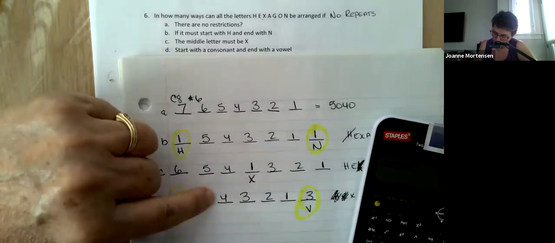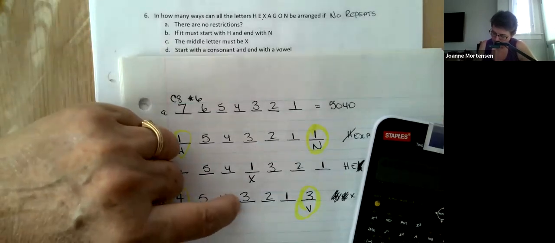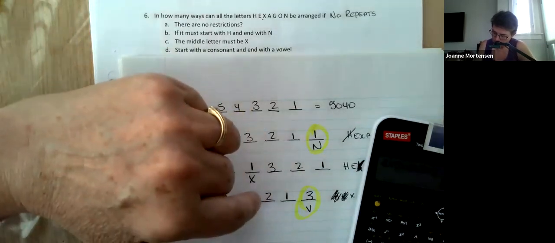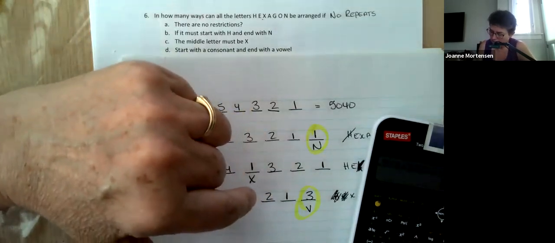So this is 4 times 5 times 4 times 3 times 2. I know I did that backwards. Times 3. Okay. I don't trust myself. 4 times 5 times 4 times 3 times 2 times 1 times 3. Yeah, okay, 1440.